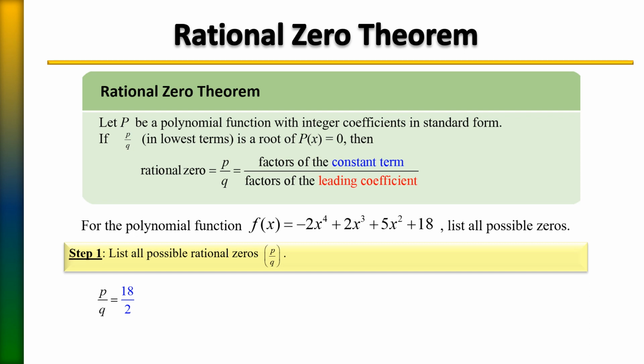The next step is you want to list out all the factors of the top number and all the factors of the bottom number. So in case you forgot what factors are, it's the numbers that when you multiply them will equal a certain number. In this case, it's 18.